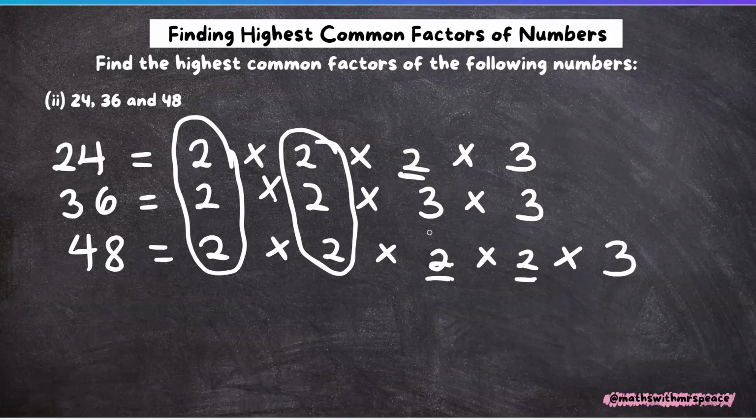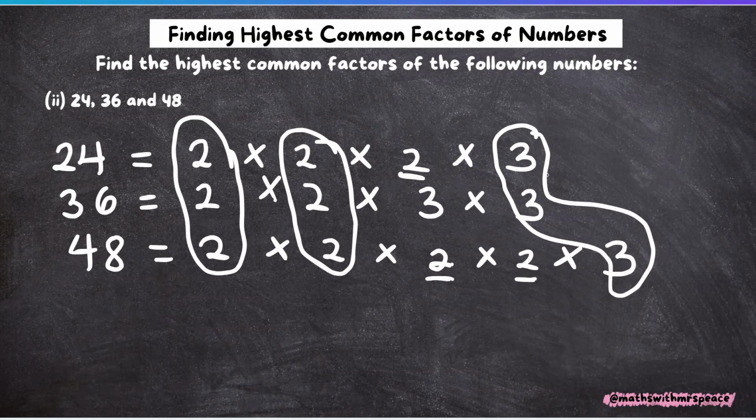So the next group of factors that we can pick will be 3, because as you can see, we've got 3, 3, and 3. So I'll be picking those three. I'm just going to take the 3's out on the edge so that it's easy to group them together, even though there's a 3 here as well. So I'm picking this group of 3's like that. So that would be all the groups of factors.